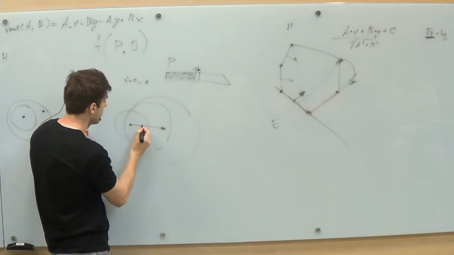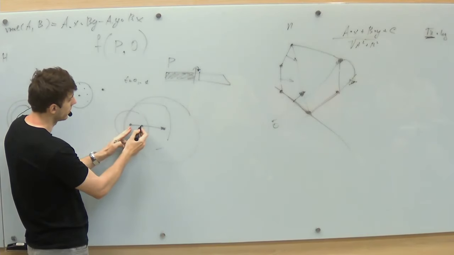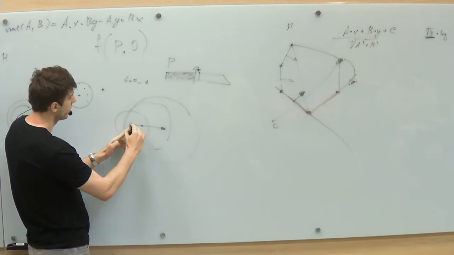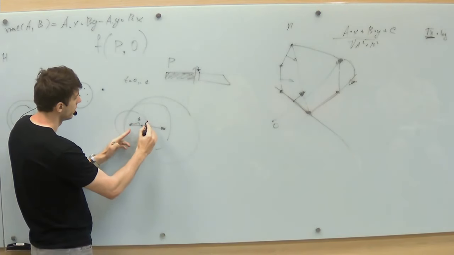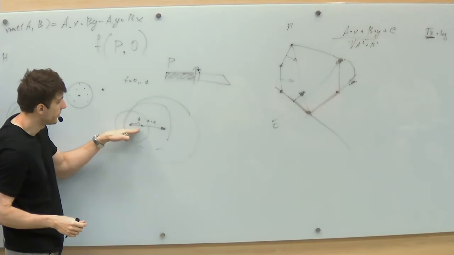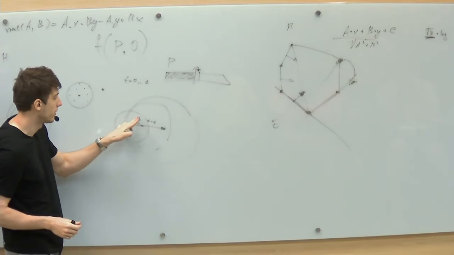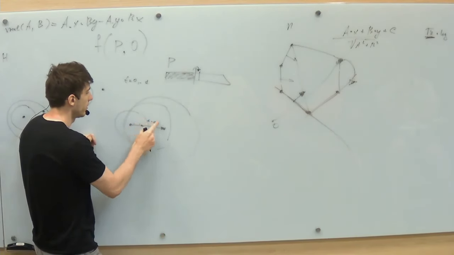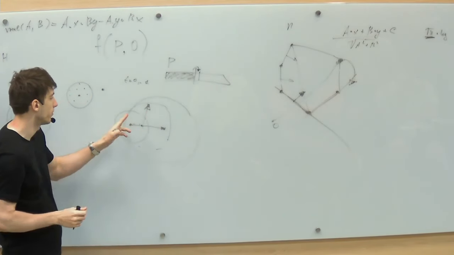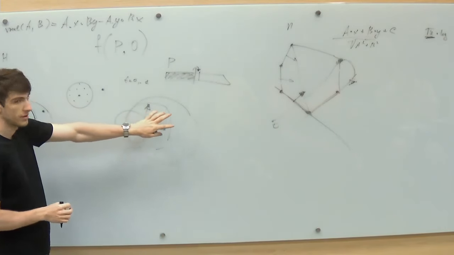Its center will split the segment between the centers in the ratio t to 1 minus t. So the center goes with a linear speed from one center to another, and the same with the radius of the circle. It just linearly changes from this radius to this radius. So just imagine one circle translates to another one.